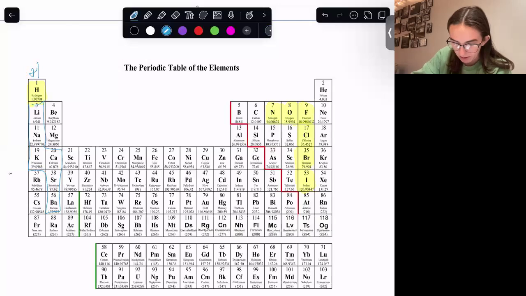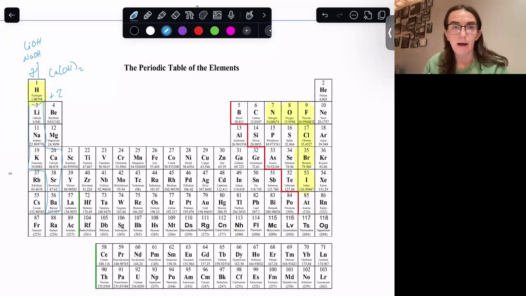If you remember that this is a +1 and this is a +2, then you know that these only get 1 OH, and then your second column gets 2 OHs because OH is a -1 polyatomic ion. So if you have a calcium that's a 2+, you need 2 of those to balance that out. So that's how you remember the bases.